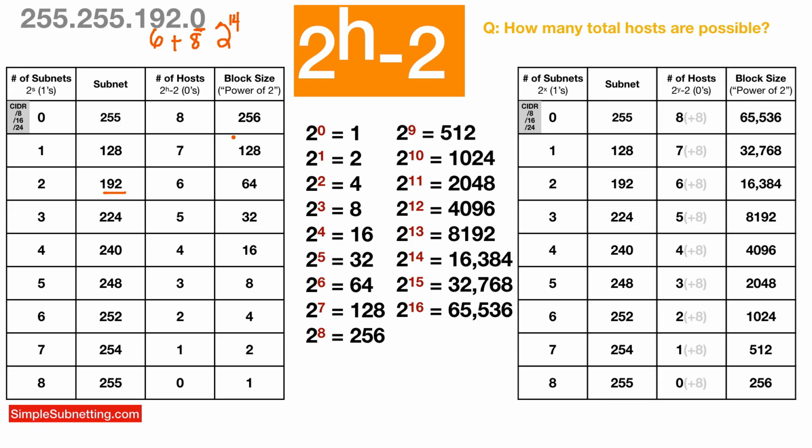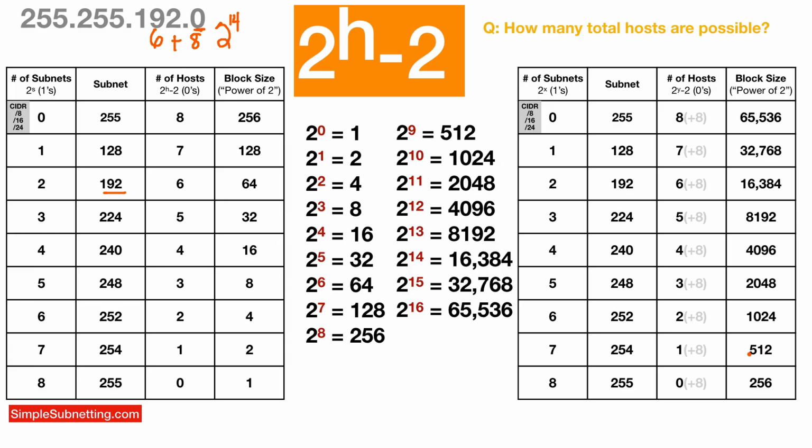Now, luckily on exam day, you probably won't get anything higher than 2 to the 10th. And the reason is 2 to the 10th is 1024. That's kind of easy to remember. But this is what it looks like on the chart if they try to give you something crazy. So this is the end of our chart, 256.